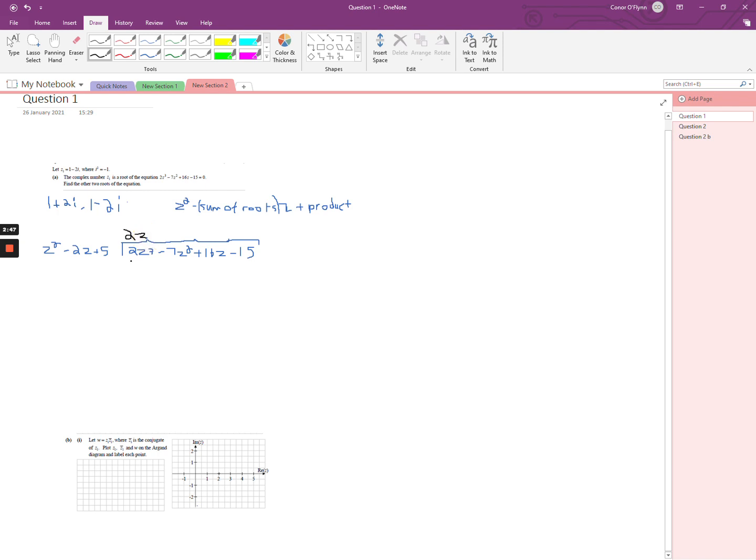Multiply back in, so it'll be 2z cubed minus 4z squared plus 10z.